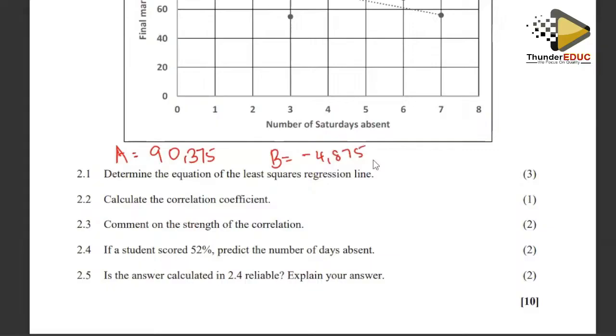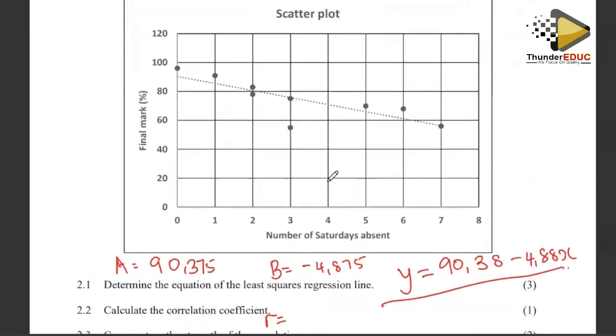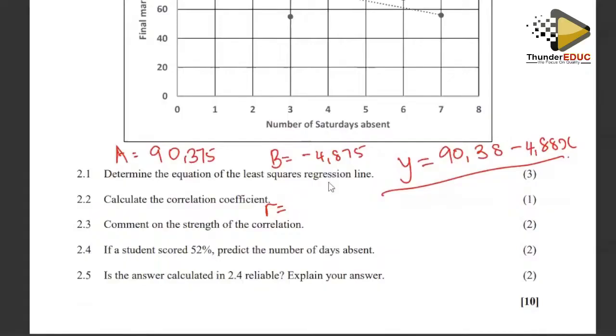But the question wants the equation, meaning that our Y should be 90.3, you can round it off to 2 decimals, minus 4.88x. So that is the line that they want. And then for us to get the correlation coefficient, remember this can also be obtained from the calculator. So my correlation is a negative 0.8.